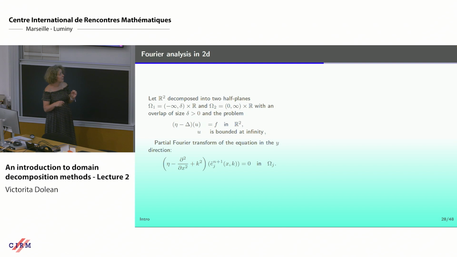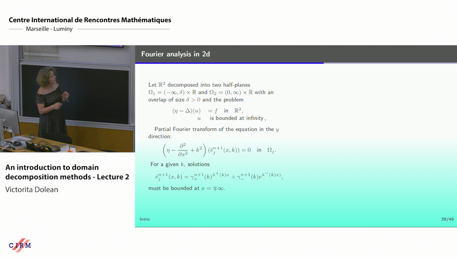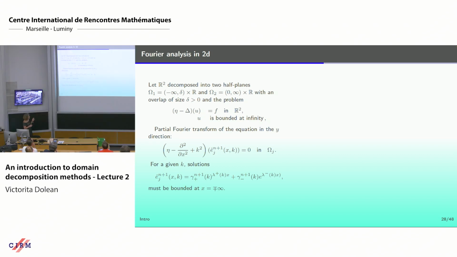This replaces the second order partial derivative in y. So now your PDE will be transformed into an ODE, and this ODE will depend on k. So for any given frequency k, you can compute the local solution, which is the Fourier transform of my local solution, okay?